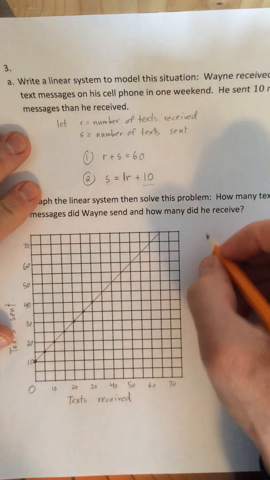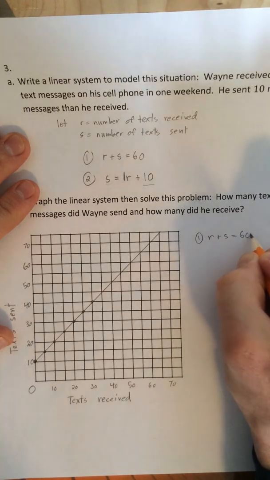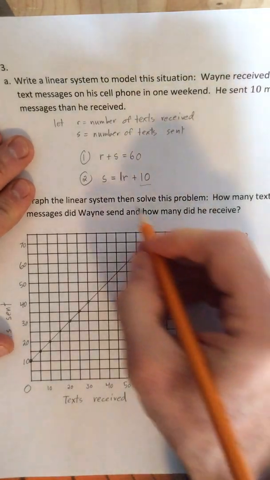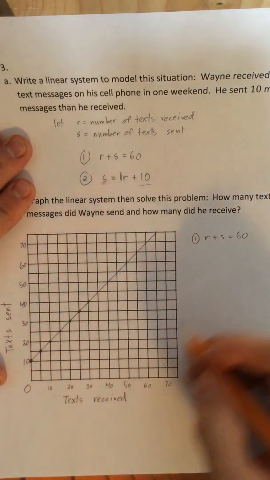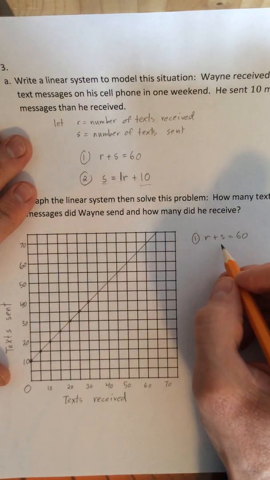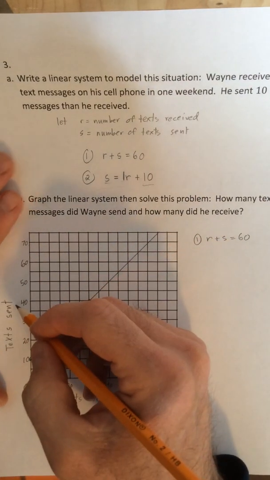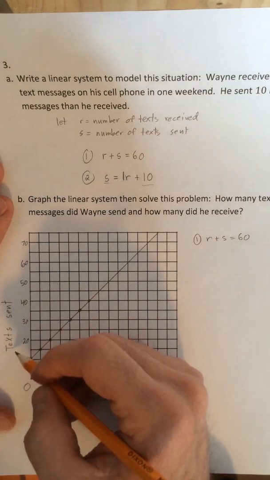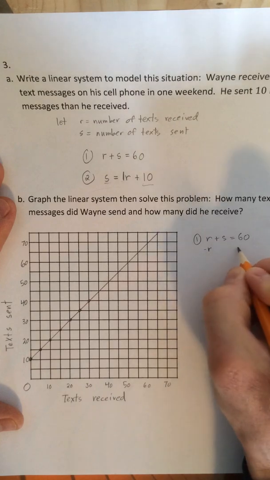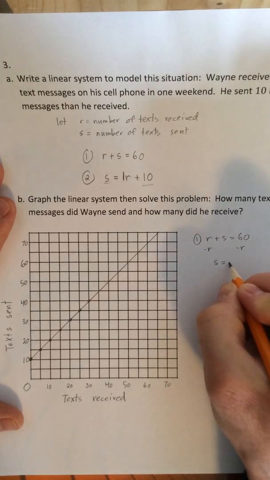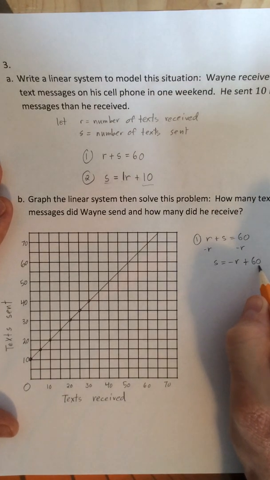So the first equation is r plus s equals 60. When I go to rearrange this, I've already identified from the second equation that s is my y. So I need to rearrange this equation to be s equals. I can't rearrange it to be r equals because I already made my text sent my y. So if you subtract r on both sides of the equation, you get s equals negative r plus 60. Now the y-intercept for this is 60.